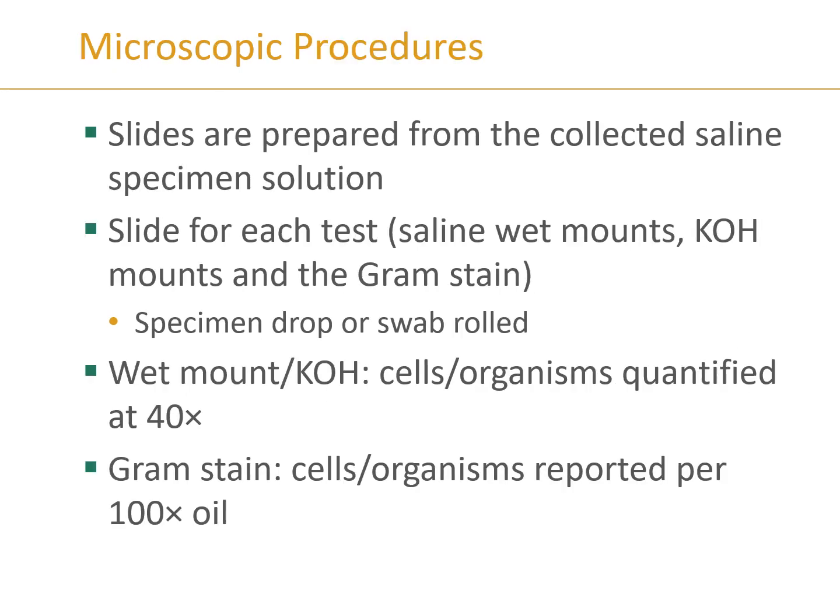When we talk about microscopic procedures, we talk about a couple of different tests that we can do, like saline wet mount, KOH prep, or looking at the sample with a gram stain. Slides are prepared from the collected saline specimen solution.